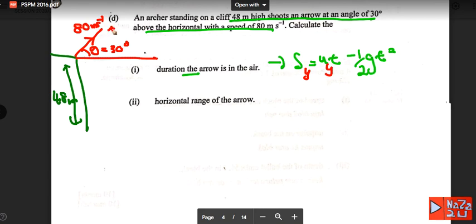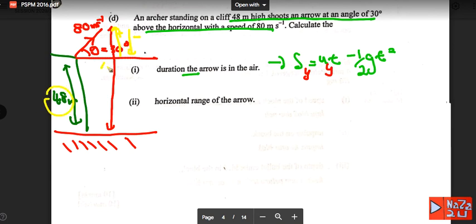From the height to the ground surface, upward is positive and downward is negative, so the final position is 0. Considering 48 meters downward, we have negative 48 meters. The initial velocity u resolves to uy, so we have uy equal to 18 sin theta times t, minus half g, which is 9.81, times t squared.